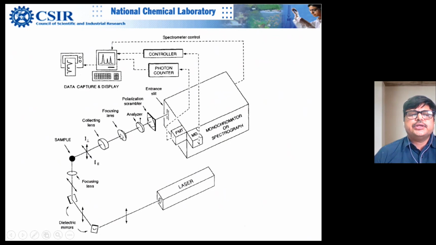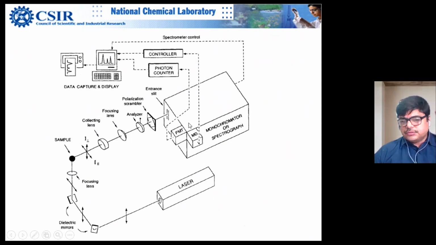And then you have a collecting lens, and then again a focusing lens, and then sometimes, depending upon the condition, a scrambler. Then finally light goes inside the slit, and then you have several monochromators here, and then finally it goes to either the photomultiplier tube or CCD these days.